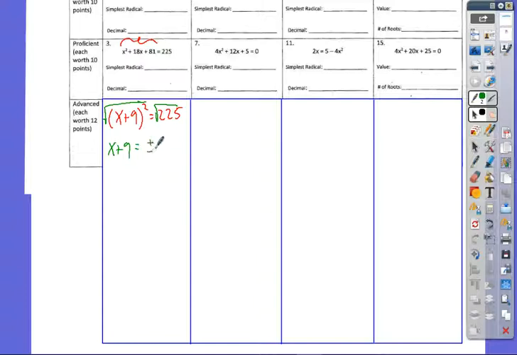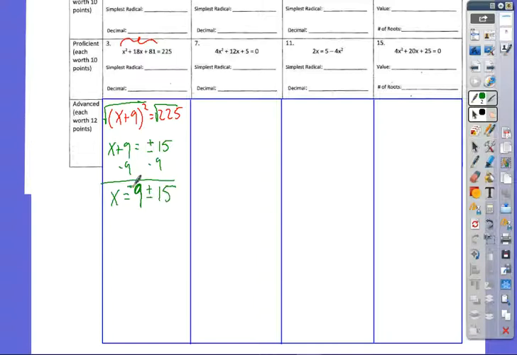Because negative 15 times negative 15 is also 225. All right. So then what will I do to both sides to get the x all by itself, Mr. Wester? Let's subtract 9. So I get x is equal to negative 9 plus or minus 15.